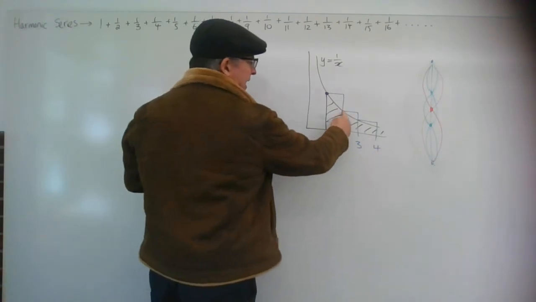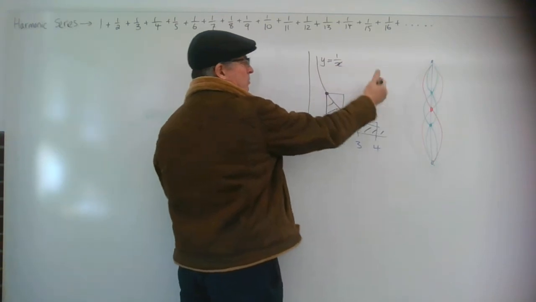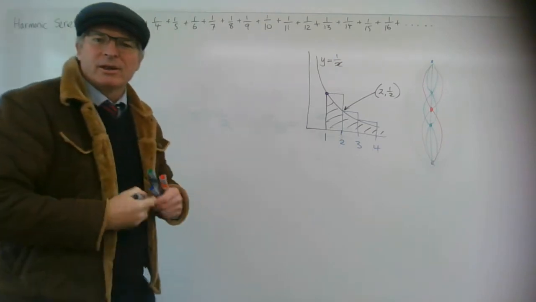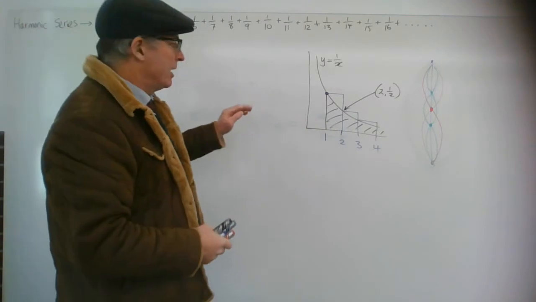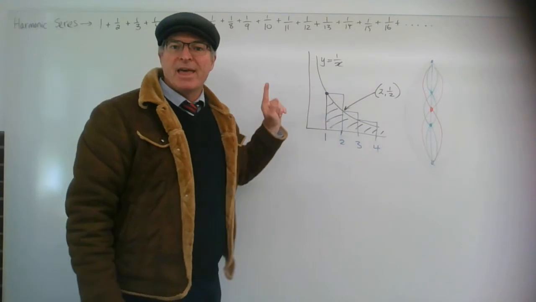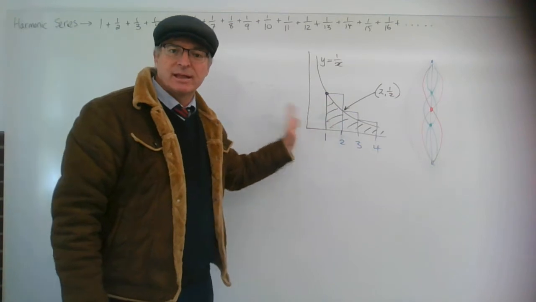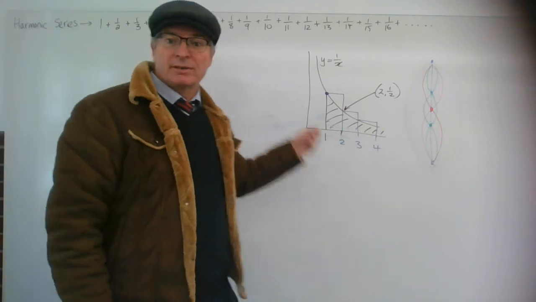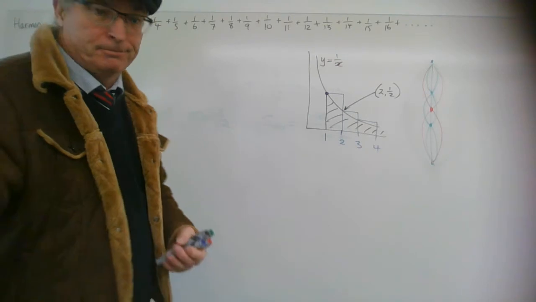The next one is a half times 1, because the curve is y equals 1 on x, that's 2 comma a half, so the height is a half. So this is 1, that's a half, that's a third, and a quarter, and so on. So if you added up all the rectangles out to infinity, you'd be getting that sum. And that's bigger, because you can see the rectangles are the upper rectangles. That's bigger than the actual integral, which we know is unbounded. So something that's bigger than the integral clearly is unbounded. So we could look at it from that point of view.